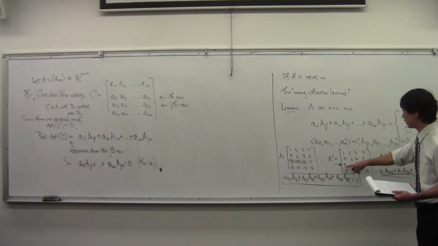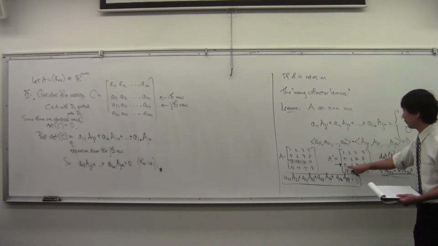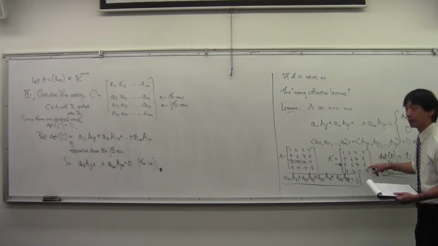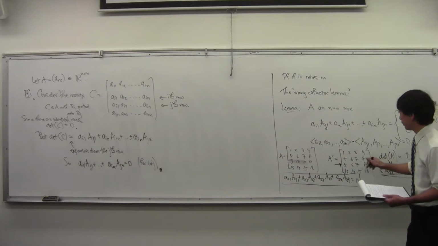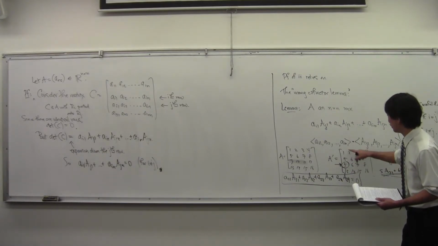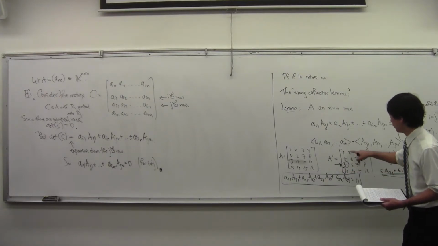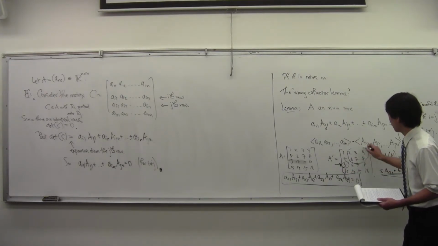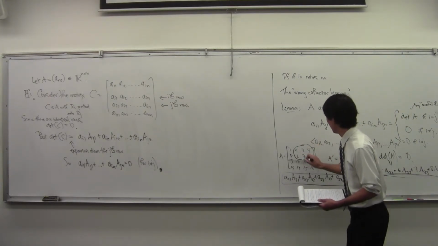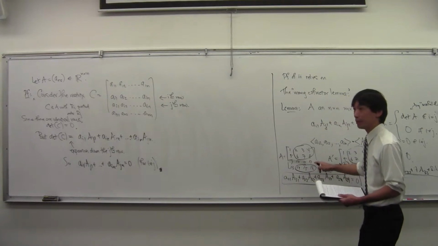If I take the expansion down this row, I'm going to get 5 times the A31 cofactor, 5 times (-1)^(3+1) times the determinant of the minor. But this minor is the same minor from over here.